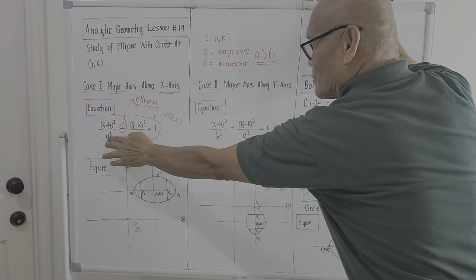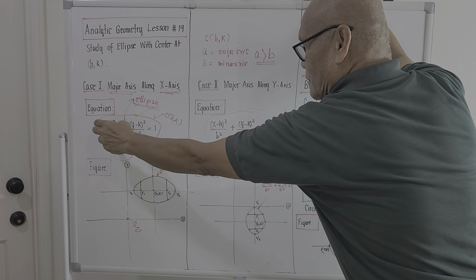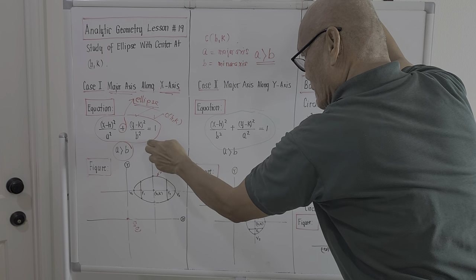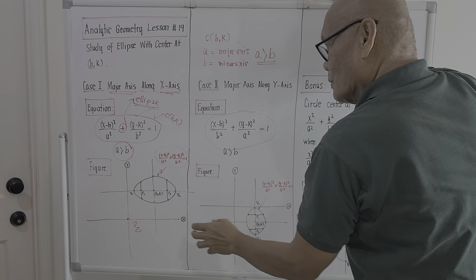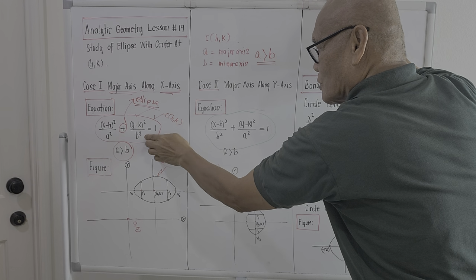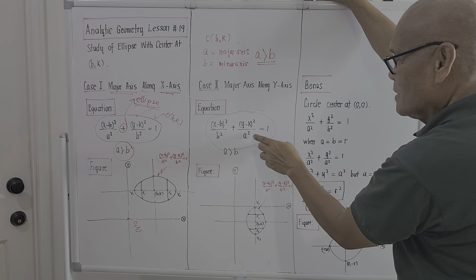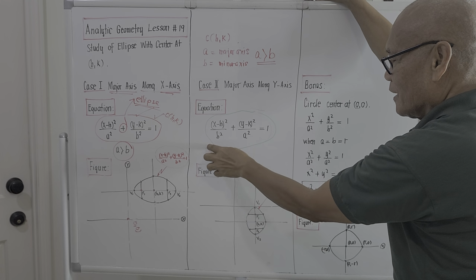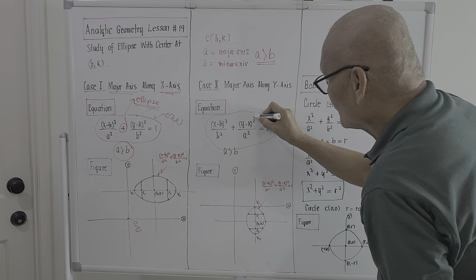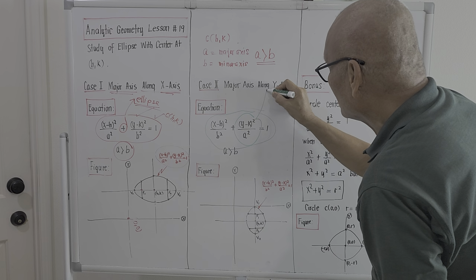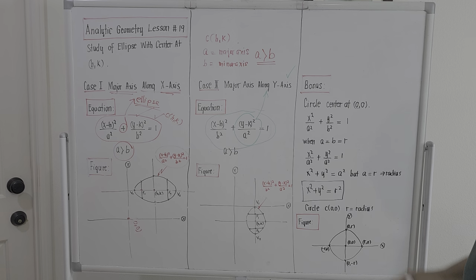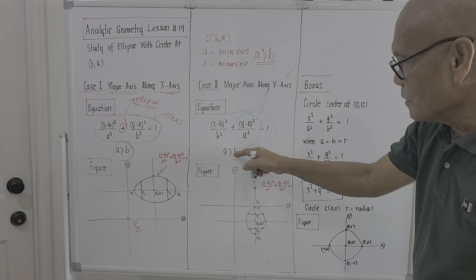We maintain the x and y, but we interchange the location of a and b. So for case number 2, this a here should be under the y. So this is now a squared, b squared goes here, and this configuration falls under the major axis being along the y-axis. And still, a is greater than b.